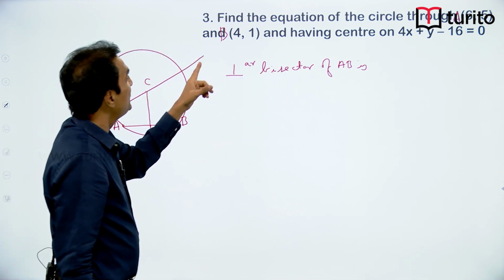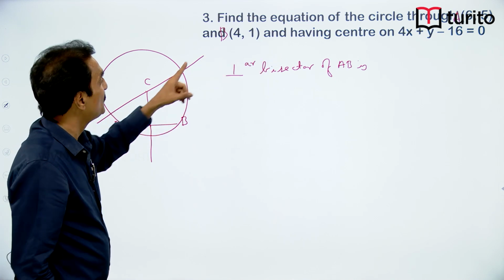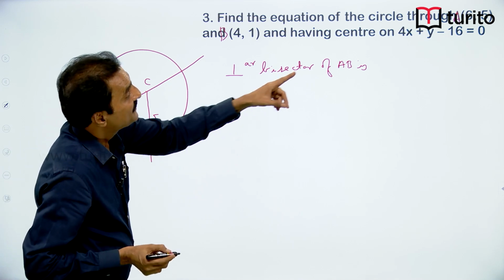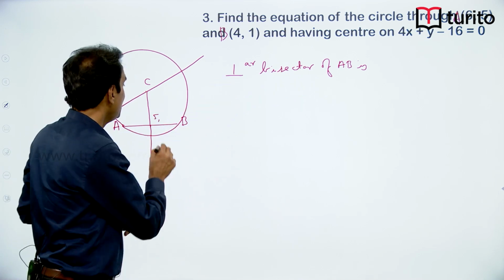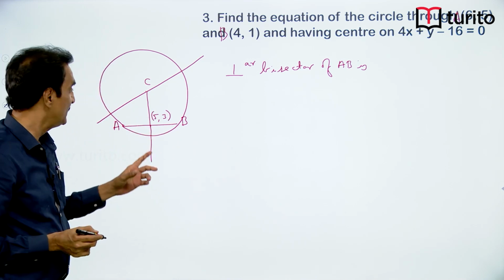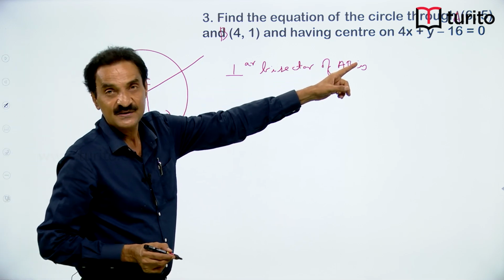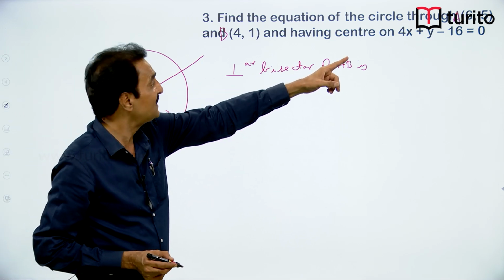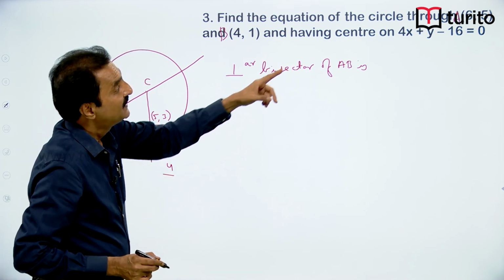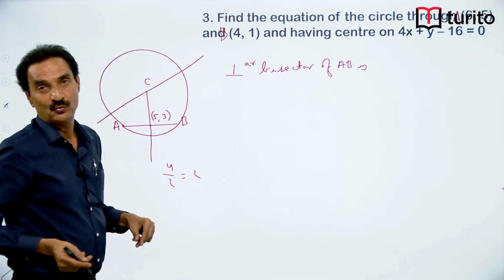Find the midpoint of AB: (x1 + x2)/2, (y1 + y2)/2, (6 + 4)/2 is 5, comma (5 + 1)/2 is 3. Midpoint is (5, 3). Slope of AB is (y2 − y1)/(x2 − x1) = (5 − 1)/(6 − 4) = 4/2 = 2. So, the slope of AB is 2.